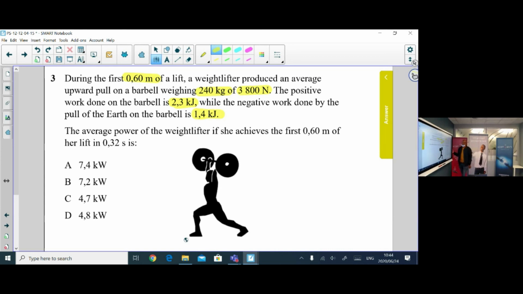The average power of the weightlifter if they achieve the first 0.60 meter of the lift in 0.32. We also have been given the time. We are left with a minute so that we can finish this.